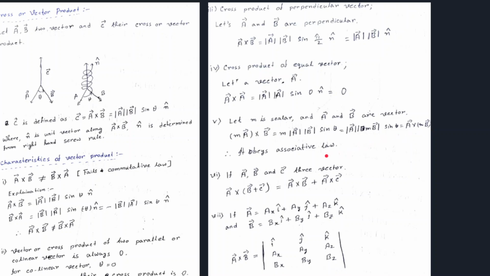If a, b and c are three vectors, then a cross b plus c can be written as a cross b plus a cross c. One final thing we have to understand: if a is equal to ax i cap plus ay j cap plus az k cap, and b is equal to bx i cap plus by j cap plus bz k cap, then to find their cross product we put it in this matrix structure: i, j, k, ax, ay, az, bx, by, bz, and we will find it.